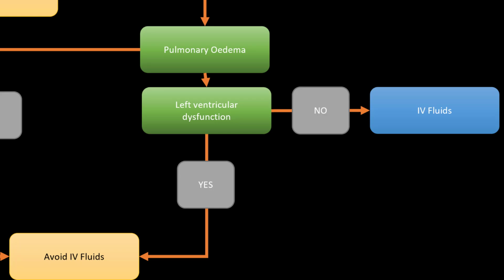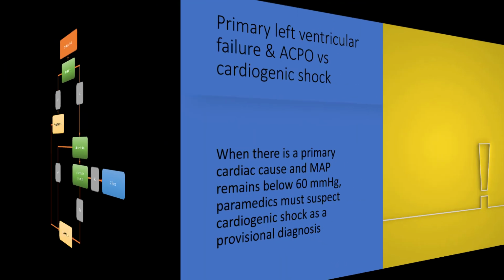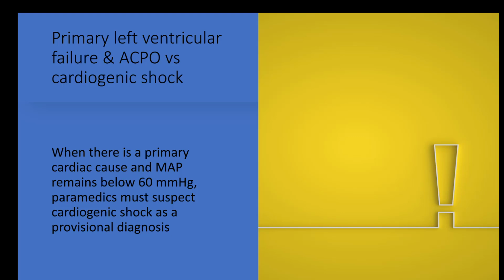Now, should there be evidence of, say, an anterior lateral MI, fluid administration may be counterproductive and should be avoided in favour of the earlier use of vasopressors. I'm just going to conclude this section by emphasising the differentiation between cardiogenic shock with pulmonary edema and heart failure that's causing pulmonary edema.